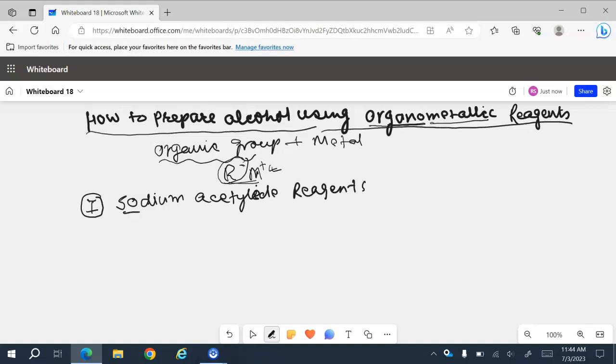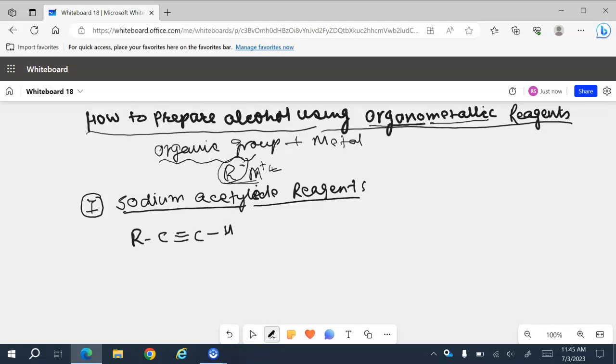The sodium acetylide reagents originate from what we call a terminal alkyne, RC triple bond CH. Whenever you have a hydrogen on one of the terminal carbons in an alkyne, we call it a terminal alkyne, and the sodium acetylide reagent originates from this terminal alkyne.